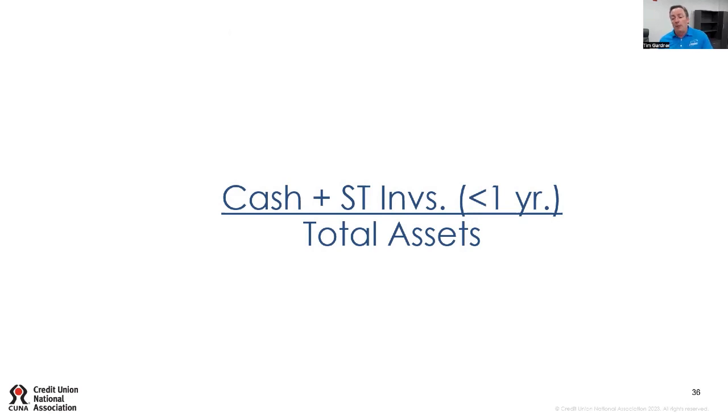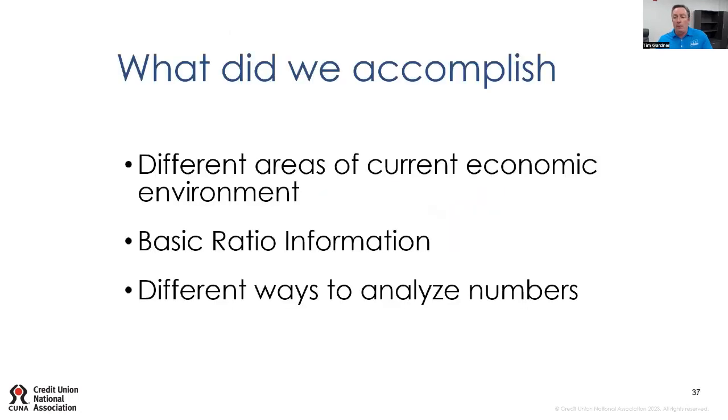Okay, so just a couple of things to think about before I end the pre-work. Just know this. There are three types of risks that show up in a balance sheet: interest rate risk, credit risk, and collateral risk. Interest rate risk is where you have longer term assets on your books.